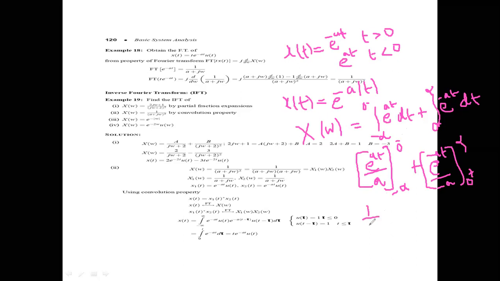So 1 by a into, when I substitute 0 here, 1 by e power 0 minus e power minus infinity, plus e power infinity minus e power 0 by minus.